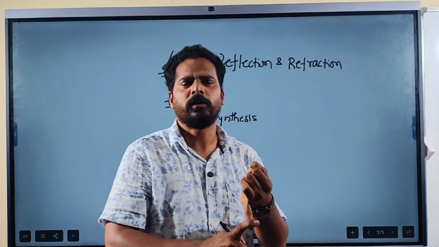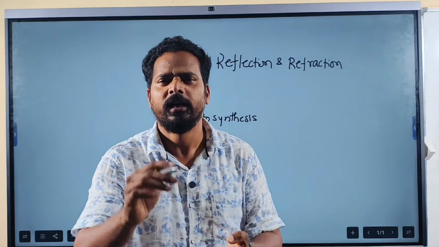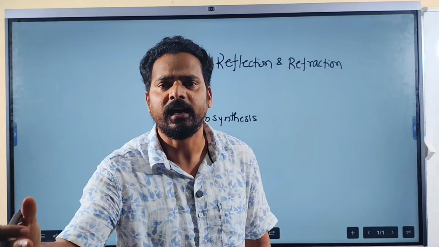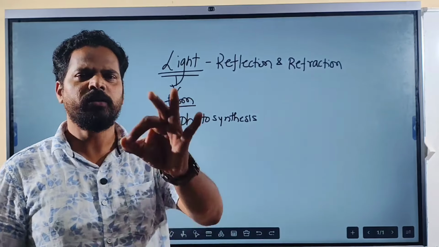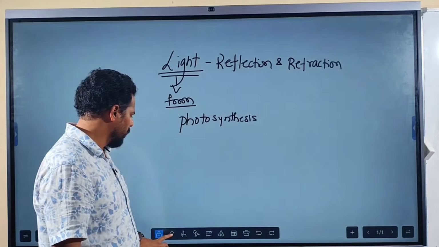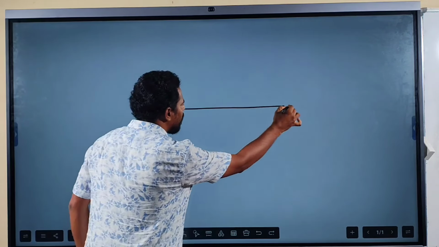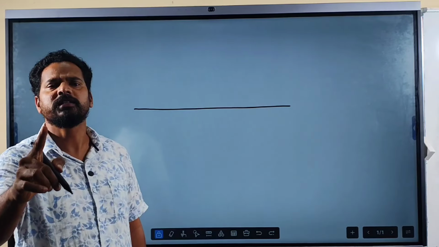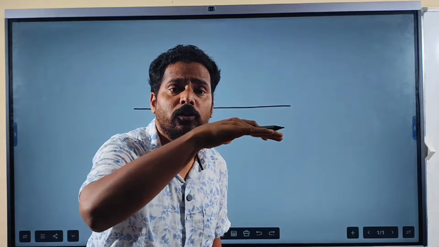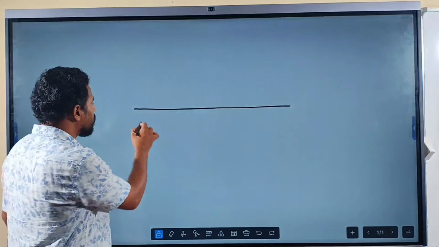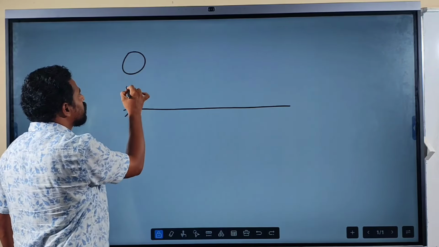So after this important form of energy, light has different characteristics. One of the important properties of light is that light always travels along a straight path without bending from the source. Imagine the sun is a source of light.